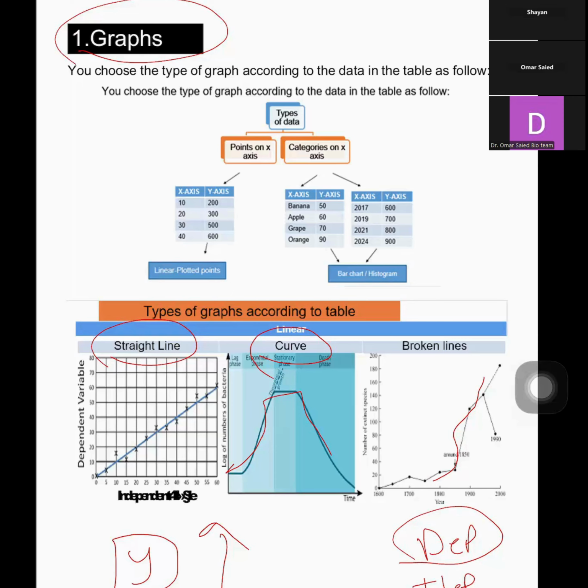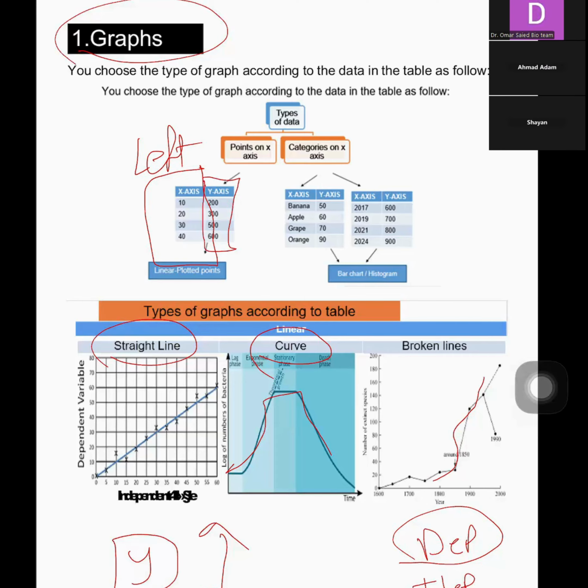Excellent. So the independent factor is always on the x-axis, while the dependent factor is always on the y-axis whenever you draw a graph. Also, when it comes in a table, the one on the left side is always the x-axis. This is a tip that you have to know.